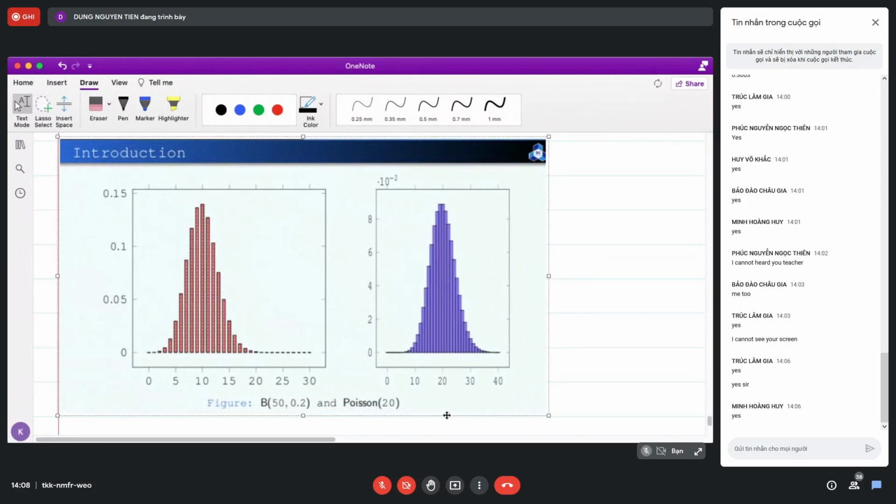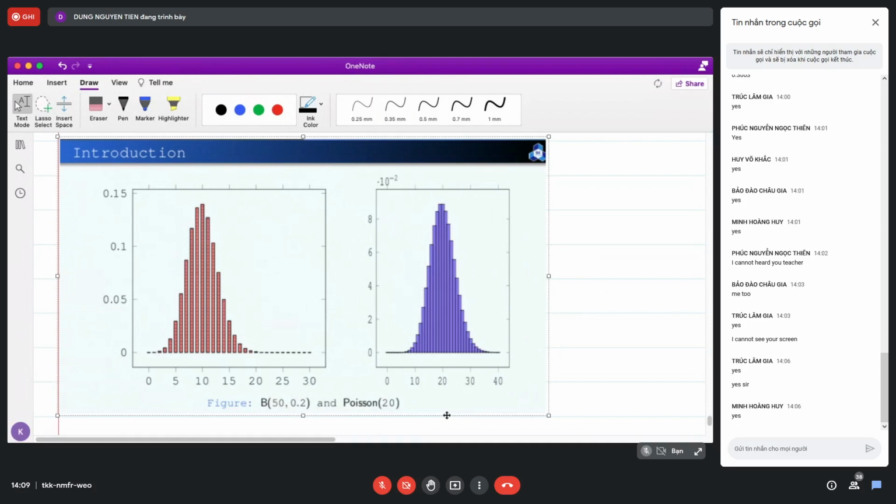Let's go back to the two graphs of the binomial distribution and the Poisson distribution. When n is 50 and lambda is 20, you see that these two distributions are different. Of course, they are different. The ranges are different. The heights are different.